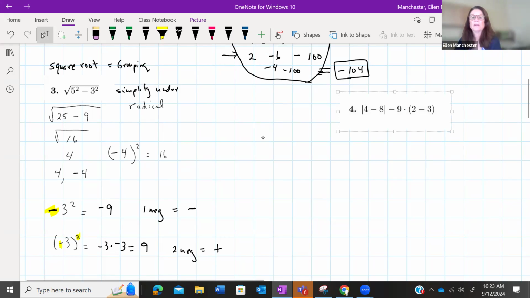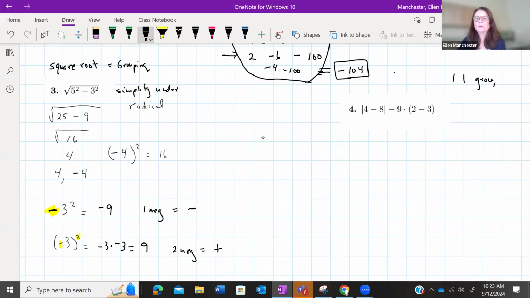All right, so now we have absolute value bars. Absolute value bars are also a type of grouping. These are also grouping symbols. So that's why I like the word grouping instead of parentheses, because it allows you to have different symbols.